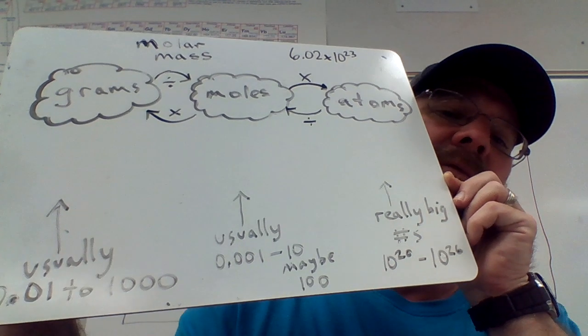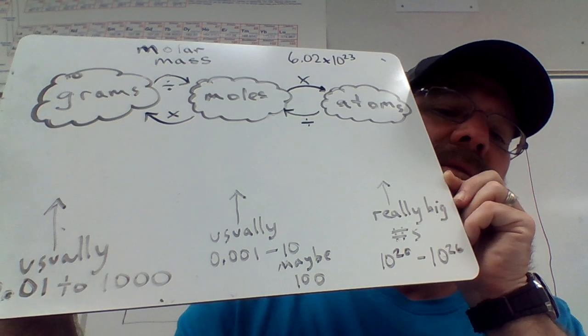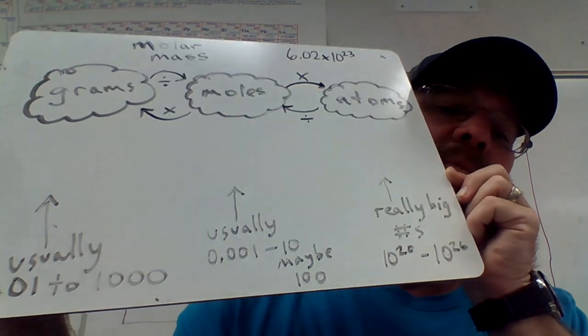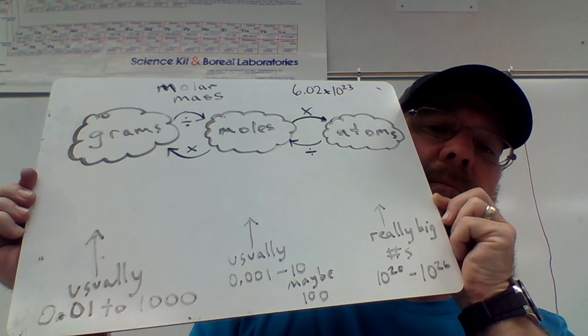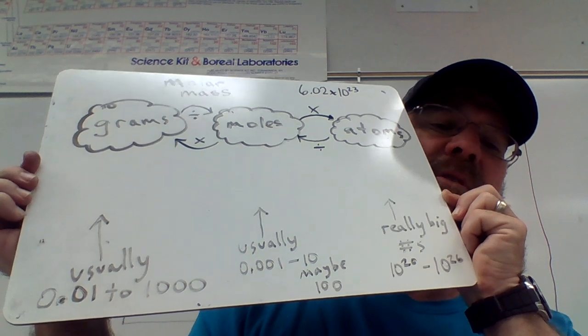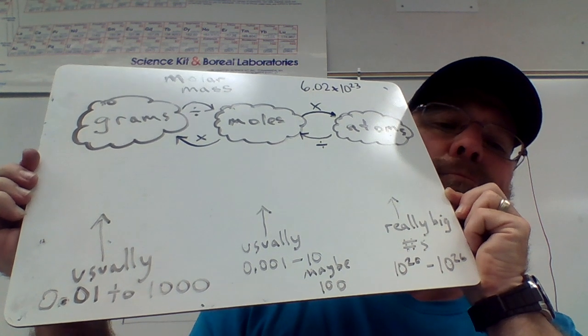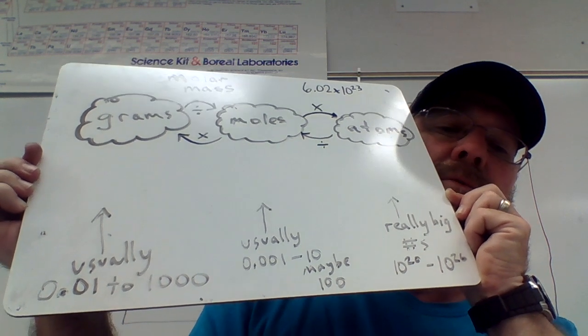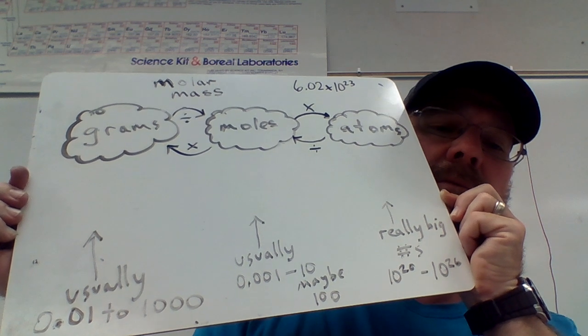Now, one thing that people often get confused with is what sort of numbers should I end up with for grams, moles, and atoms? When I look at grams, generally in chemistry we're dealing somewhere between 0.01 to roughly 1,000 grams.